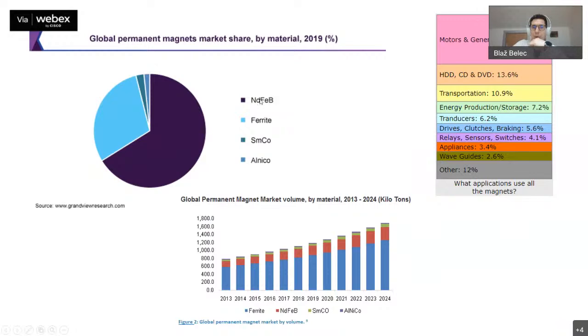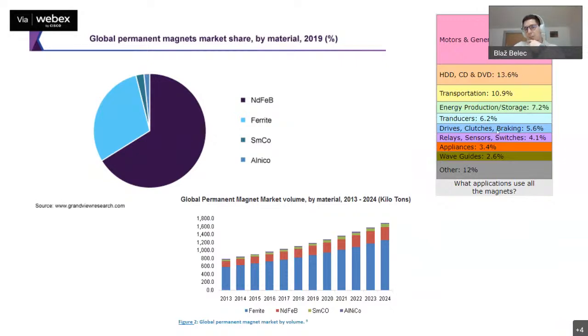So neodymium iron boron, ferrite magnets, then samarium cobalt, and now the newest are alnico magnets. They're usually in motors, generators, then storage drives, transportation, energy production, storage.